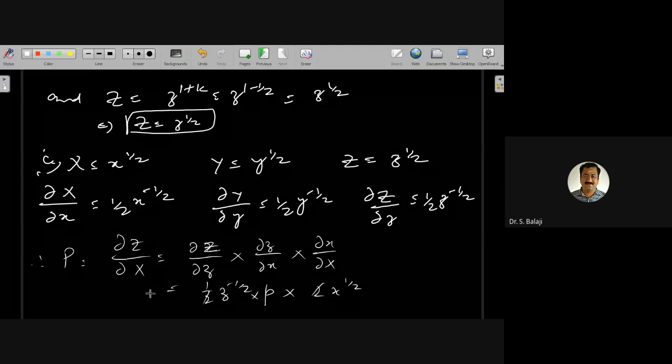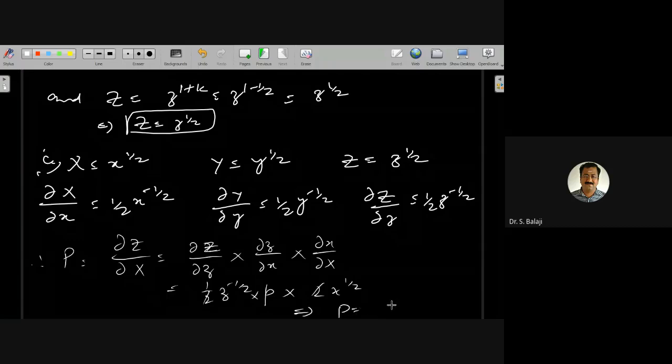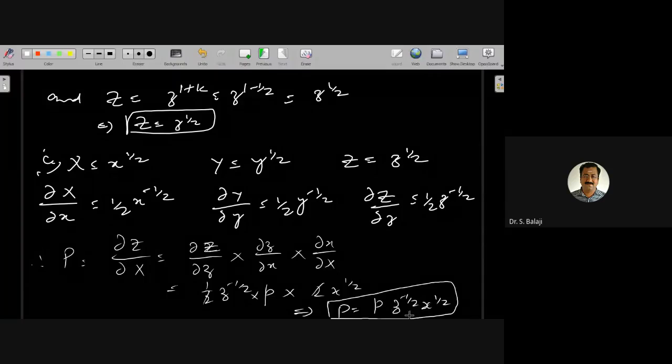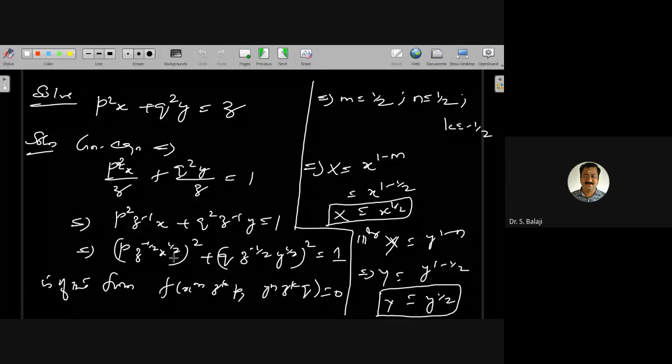So capital P can be written as p z power minus 1 by 2 x power 1 by 2. This is the expression we require here. This can now be written as capital P converted here. We'll take it as equation number 1.